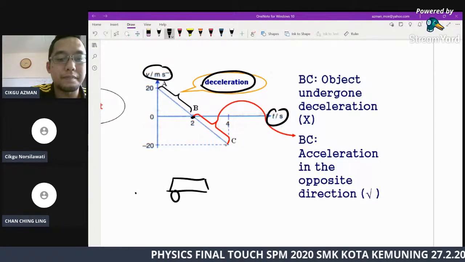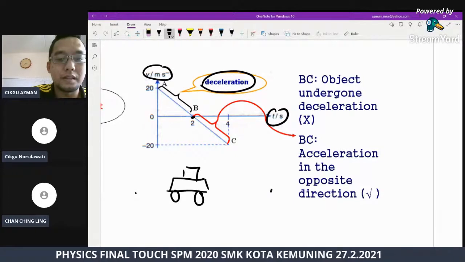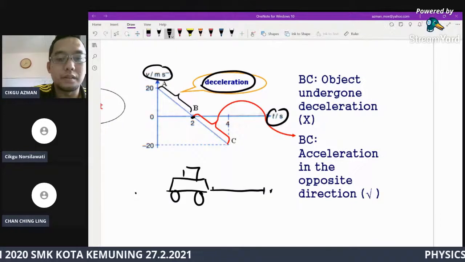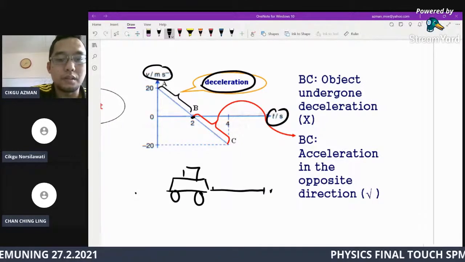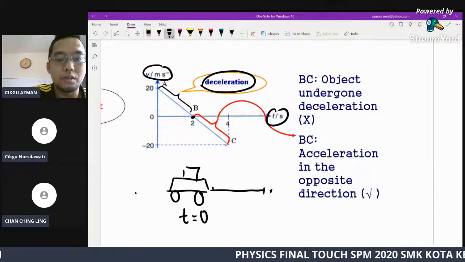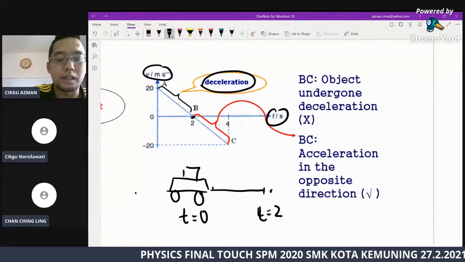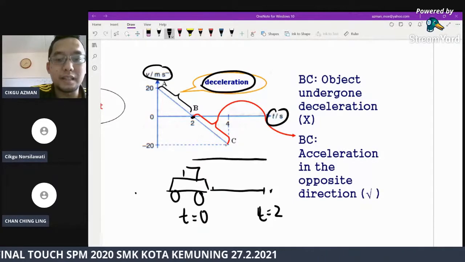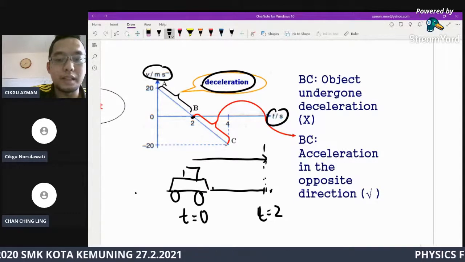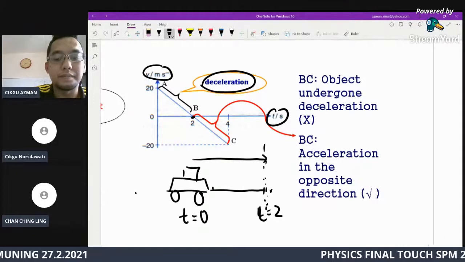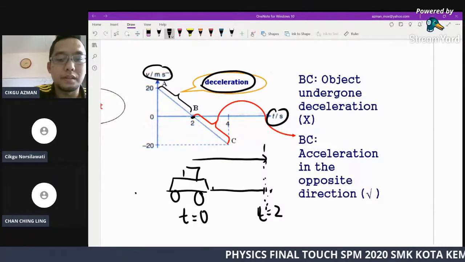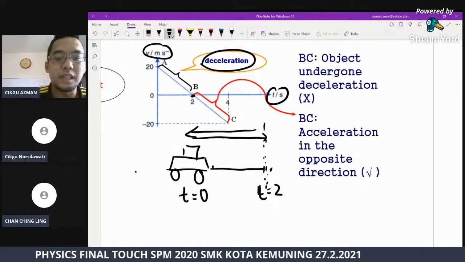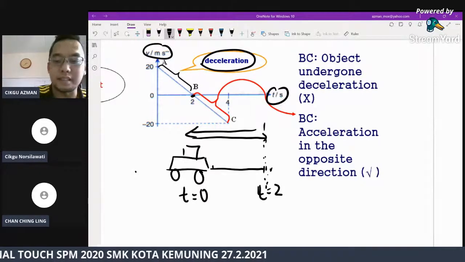Example, car. So at this point, t is equal to 0, t is equal to 2 seconds. Now it decelerate until at point t is equal to 2 seconds. Next, t is equal to 3 and 4. The object moves in different direction.